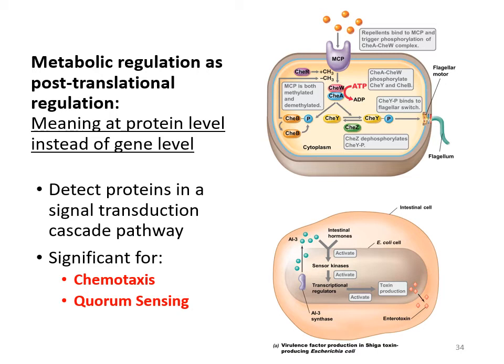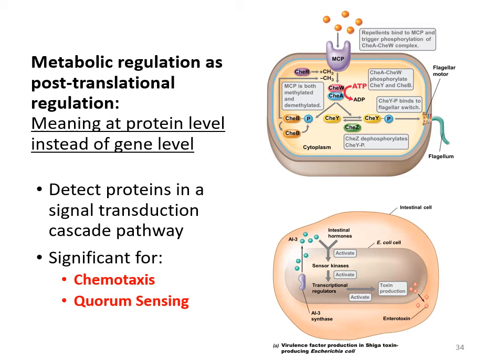Quorum sensing, on the other hand, is the idea that bacteria can assess population density. So basically the bacteria will want to make sure that there's a good enough number of cells around it, like other bacteria, before it'll start initiating any kind of expression.